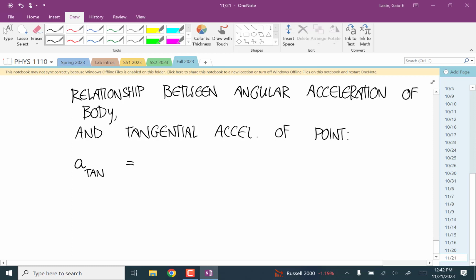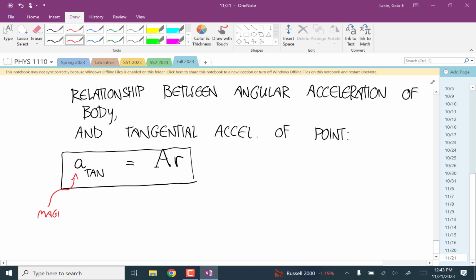Capital alpha just looks like a capital A. This A tan is the magnitude of the tangential acceleration vector.